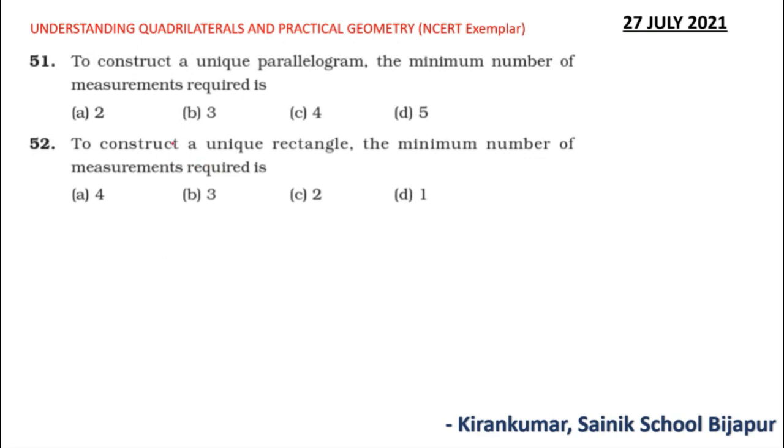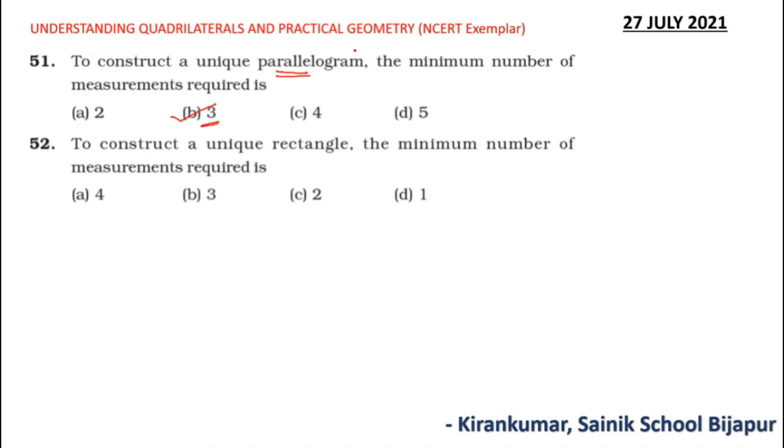Question number 51. To construct a unique parallelogram, the minimum number of measurements required is? The right answer is three. For a parallelogram, we require minimum 3. The reason is, in a parallelogram, opposite sides are equal and parallel. Also, opposite angles are equal.